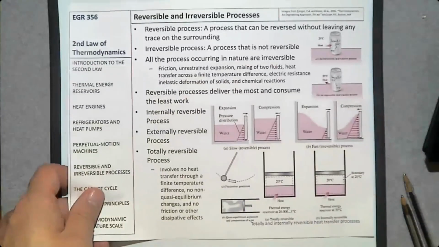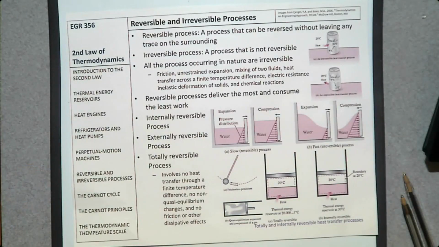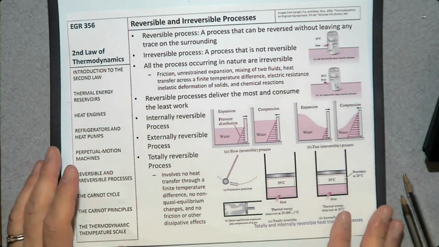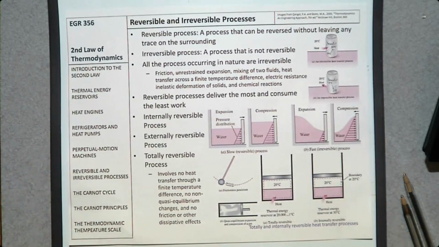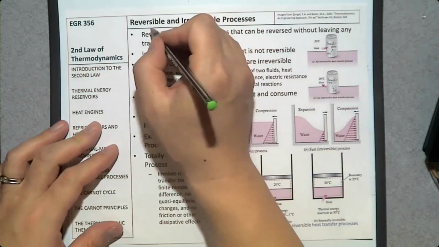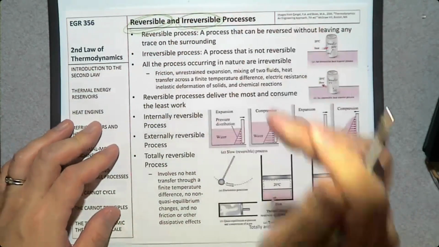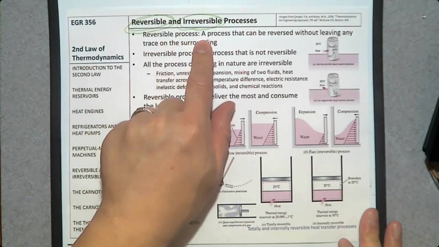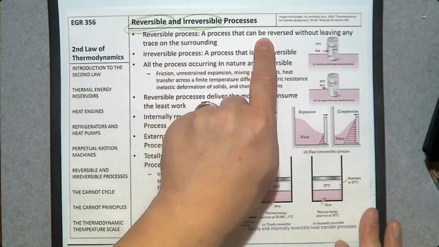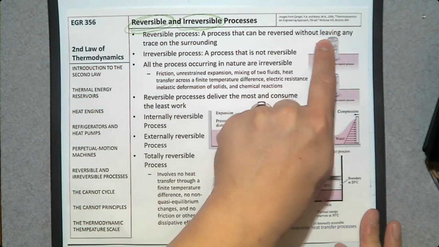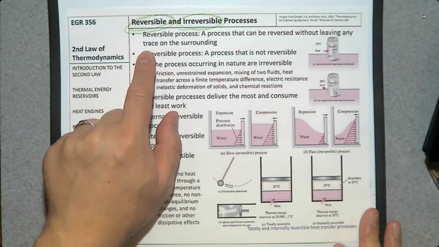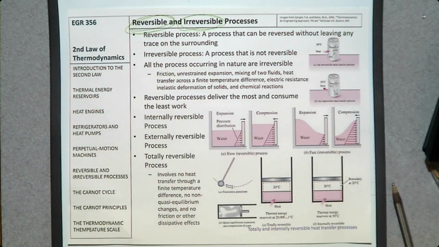Then let's talk about reversible and irreversible processes. If we want to make an ideal cycle, it is important to understand the difference between them. A reversible process is a process that can be reversed without leaving any trace on the surroundings. What does it mean?